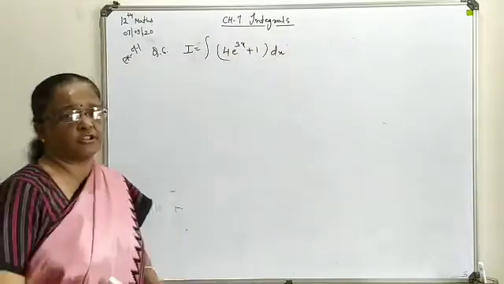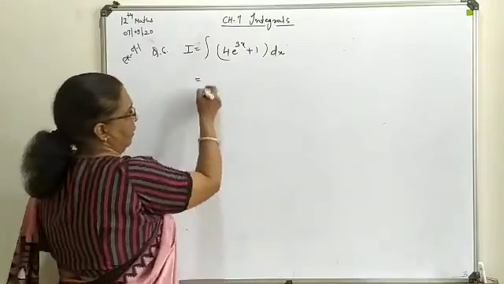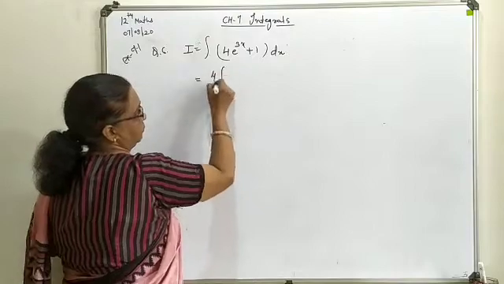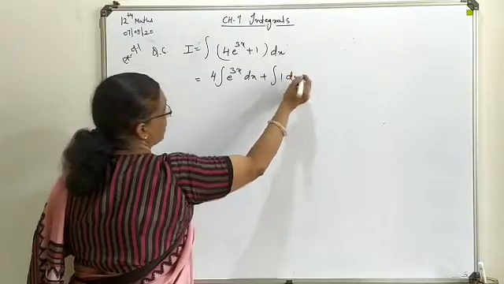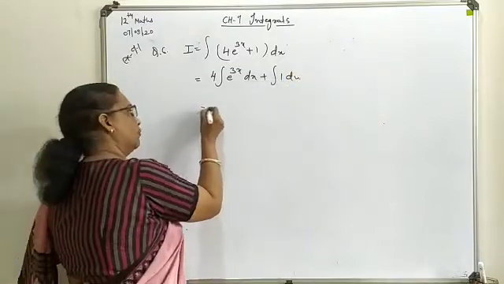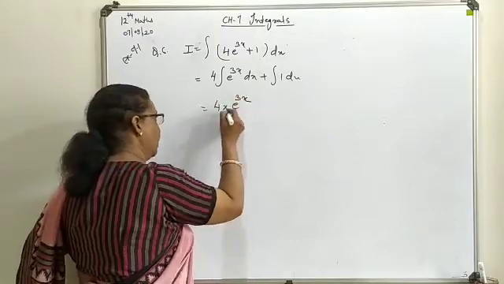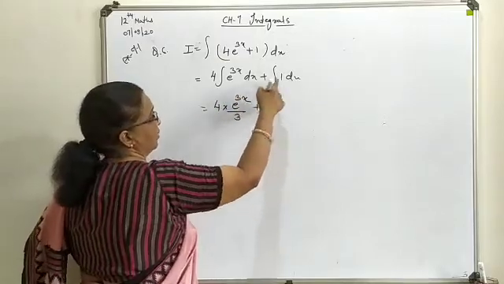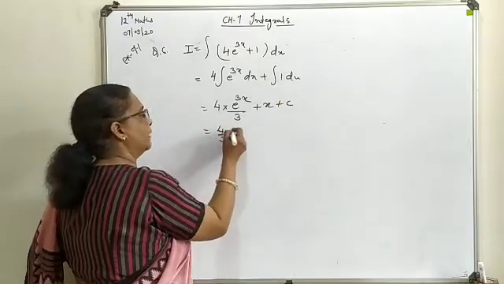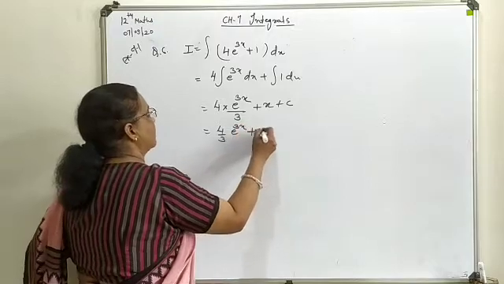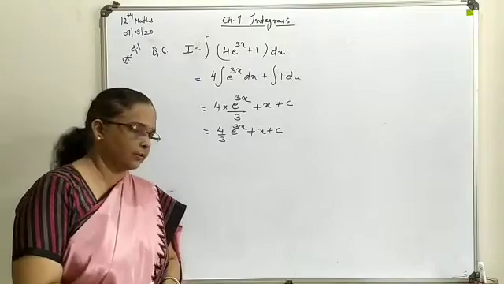For this term integration is to be written. So integration of this one plus integration of 1. 4 you keep as such, integration of e power 3x means e power 3x whole divided by 3, plus integration of 1 is x, plus c. The final answer is 4 by 3 e power 3x plus x plus c. So this way you will write the integration for a given term.